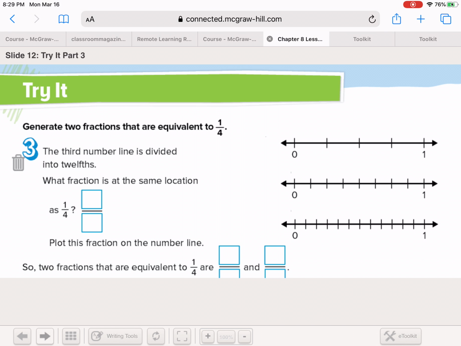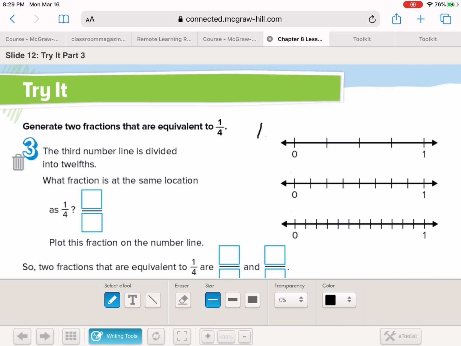All right, now here's our 4th, our 8th. And then it says that this one is into 12ths. So they want to know which one is at the same location as 1/4.